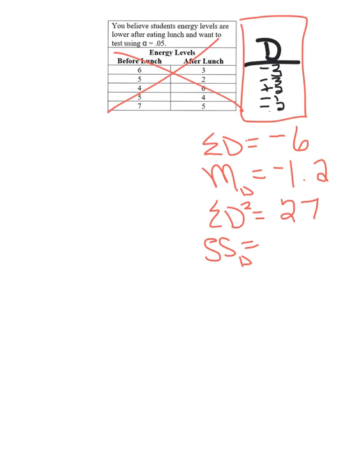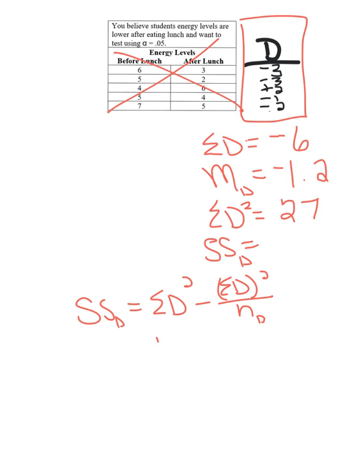Now, to get our sums of squares of the differences, if you recall, it's the sum of d squared minus the sum of d total squared divided by n. And I'll put a little d here because the n is how many differences there are. So at this point we can just literally plug and chug.